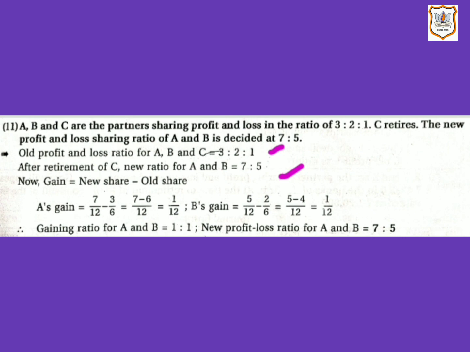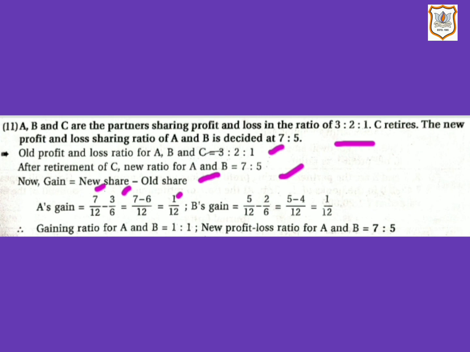So by reshuffling this formula, we can obtain the formula of gain, that is new share minus old share. So let's obtain A's gain. Here A's new share is 7/12 minus old share of A is 3/6 according to this ratio. So if we solve it, we will get 1/12 as A's gain.